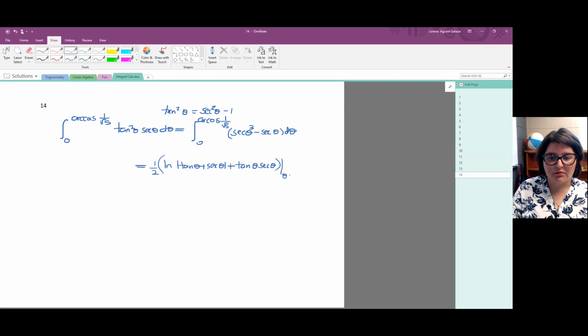So theta is going from 0 to the inverse cosine of 1 over root of 5. And then we subtract the antiderivative of secant, which is the ln of the absolute value of tangent of theta plus secant of theta. And again, we're going with theta between 0 and the inverse cosine of 1 over root of 5.